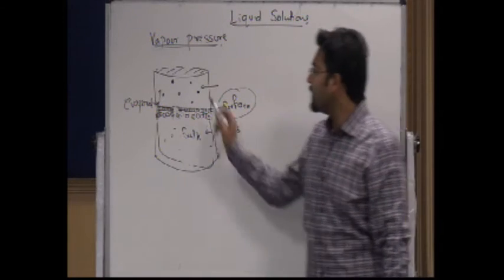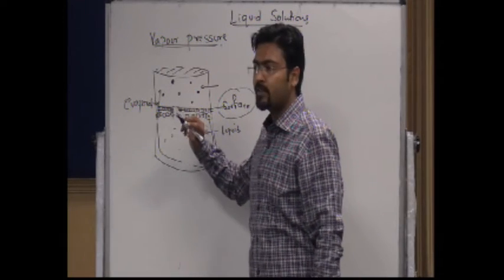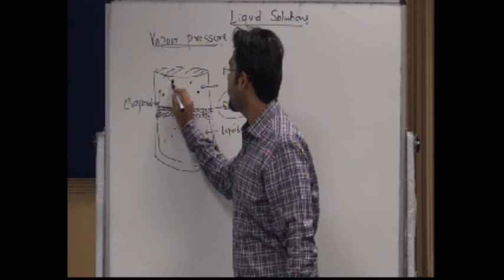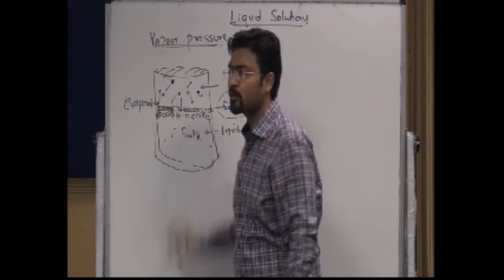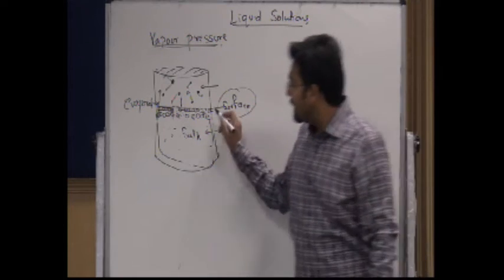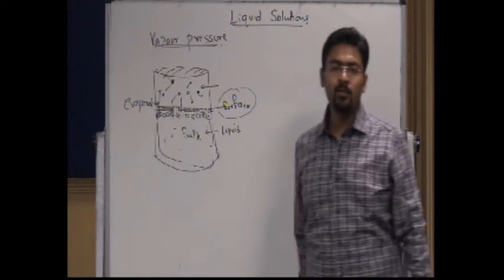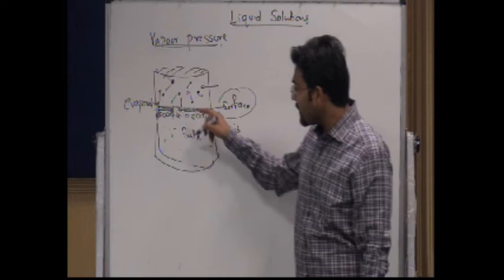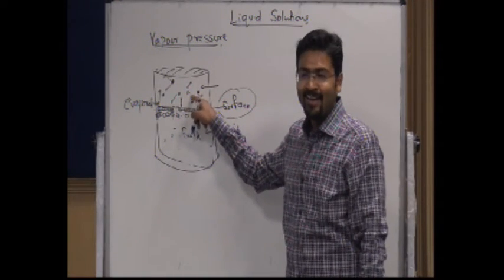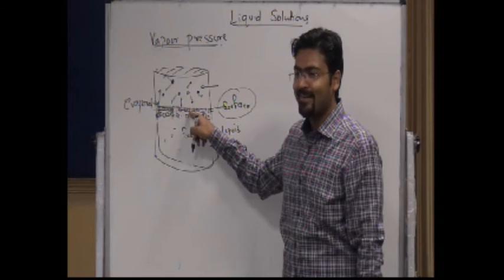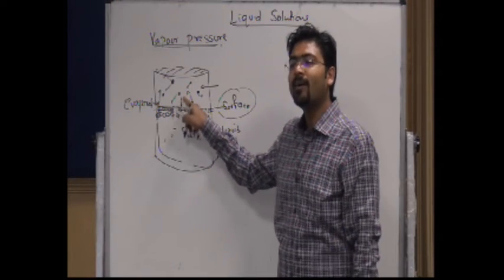Now these particles which are in a high kinetic energy state are colliding with the walls of the container, colliding with each other, and at the same time with the surface of the liquid. These community members, or these molecules which are in liquid state right now, are jealous of these molecules because they are enjoying. Now if they come back and hit them, they will not let them go.